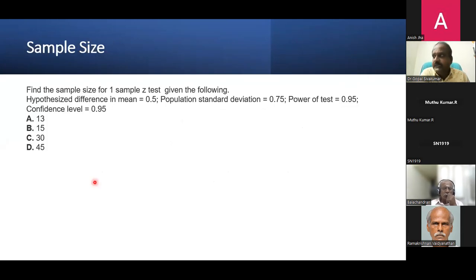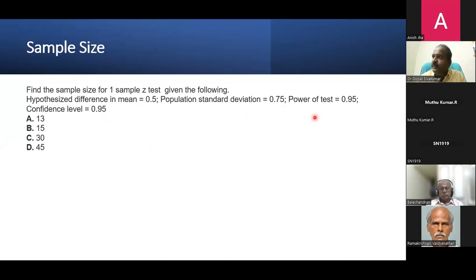Now, find the sample size for a one sample Z test given the following. Z test is meant for validating the difference in average. Am I correct? So the difference in the average is 0.5. Z test means population standard deviation should be known, so population standard deviation is 0.75.